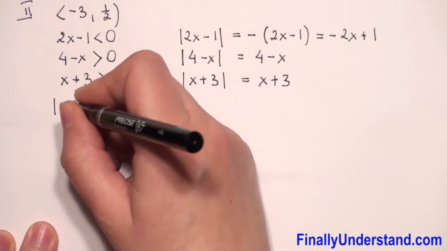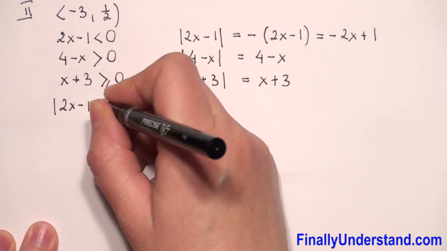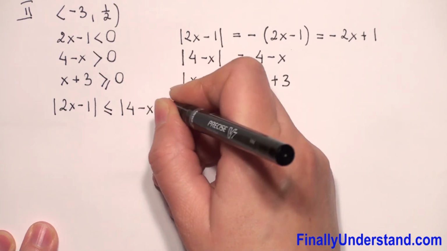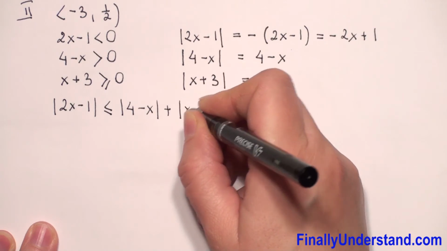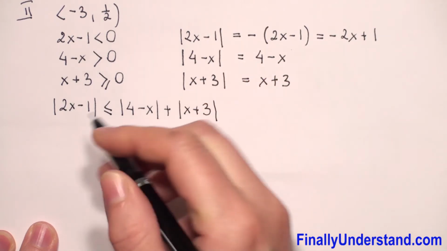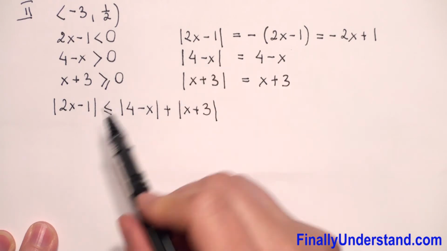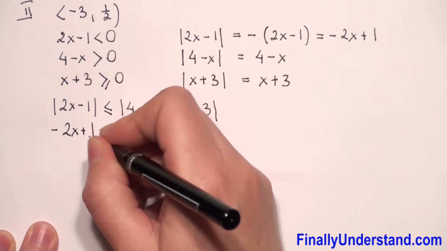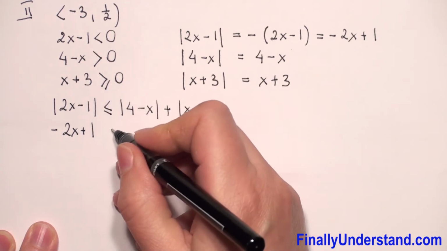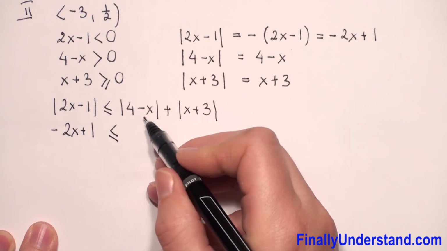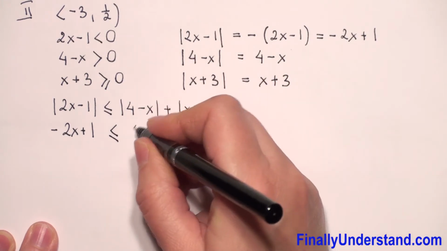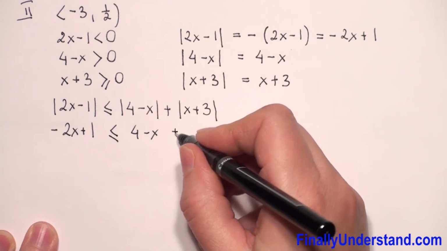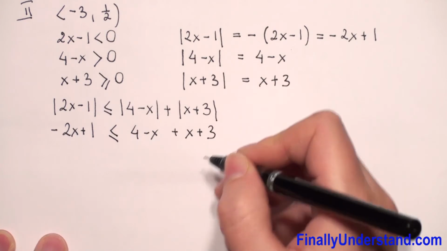So we have absolute value of 2x minus 1 is less than or equal to absolute value of 4 minus x plus absolute value of x plus 3. Now we know that absolute value of 2x minus 1 is equal to negative 2x plus 1 in this case, which is less than or equal to absolute value of 4 minus x, which is 4 minus x, and absolute value of x plus 3, which is x plus 3.